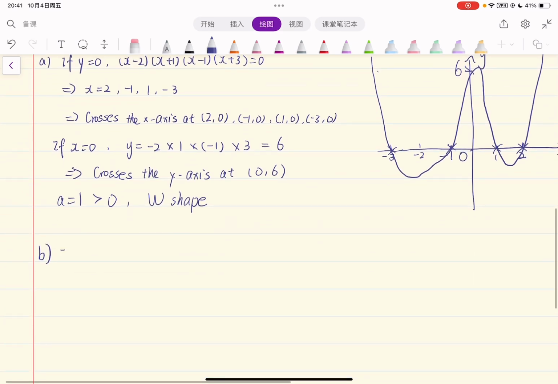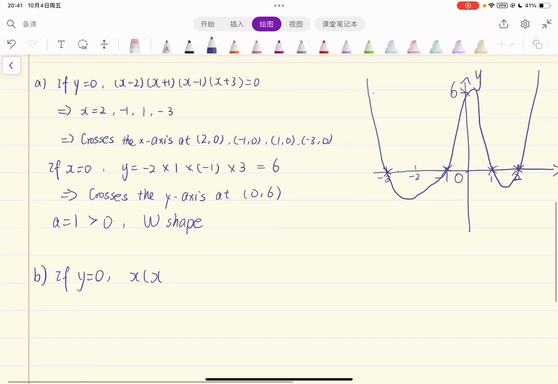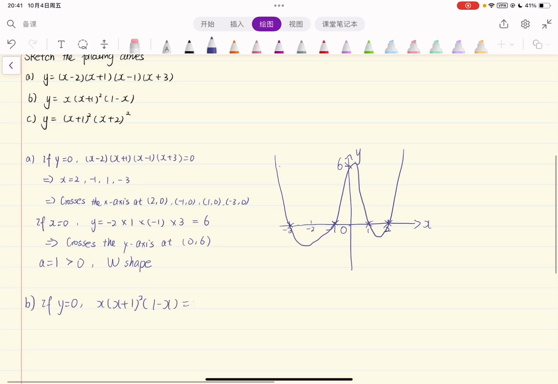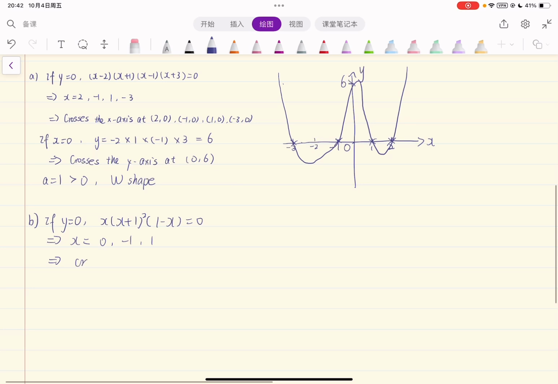Similarly, if y equals 0, we have x times (x plus 1) squared times (1 minus x) equals 0, which implies x equals 0, minus 1, and 1, so it crosses the x-axis at (0, 0), that is the origin, (minus 1, 0), and (1, 0).